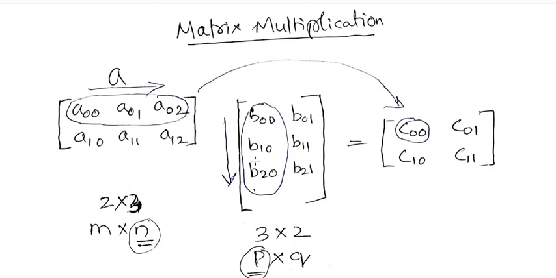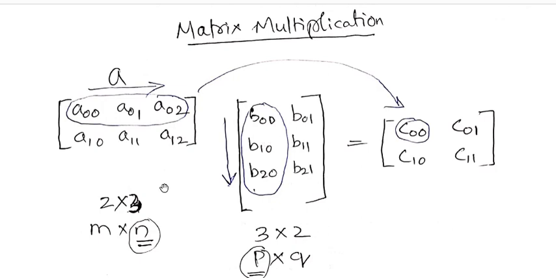Matrix multiplication is possible only when the number of columns of the first matrix, that is N, is equal to the number of rows of the second matrix. So when can we do the matrix multiplication? Only if the number of columns of the first matrix is equal to the number of rows of the second matrix.